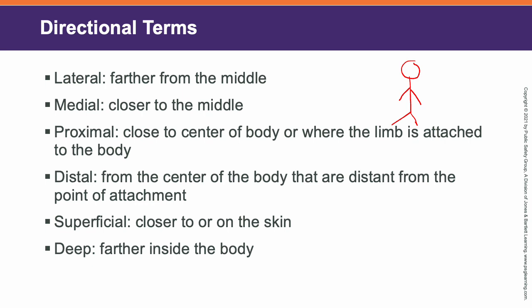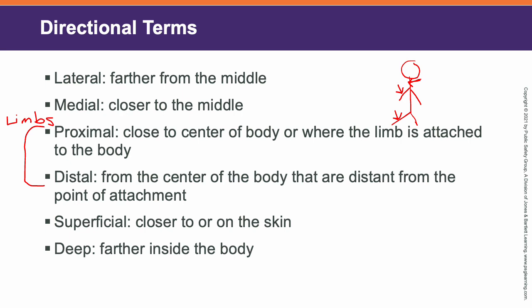When talking about proximal and distal, these only refer to extremities, okay, or limbs. So that means we're only talking about arms and legs, okay? Or your neck would count, right? Because we're talking about these things in relation to your trunk and where it attaches to your body.